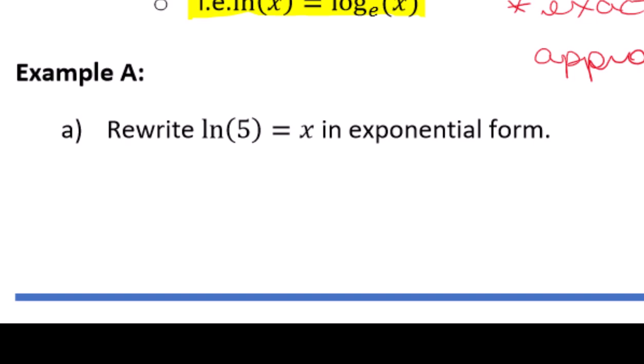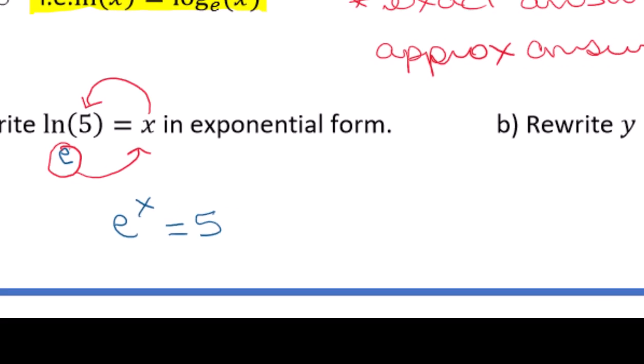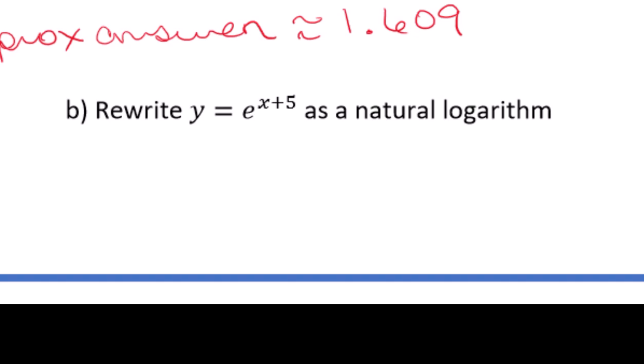In example A, they're asking us to rewrite the natural log of 5 equals x in exponential form. Well, remember, this has an understood e as its base. So if we took e to the exponent of x, that should equal the argument, which is 5. Next, they ask us to rewrite y equals e to the x plus 5 as a natural logarithm.